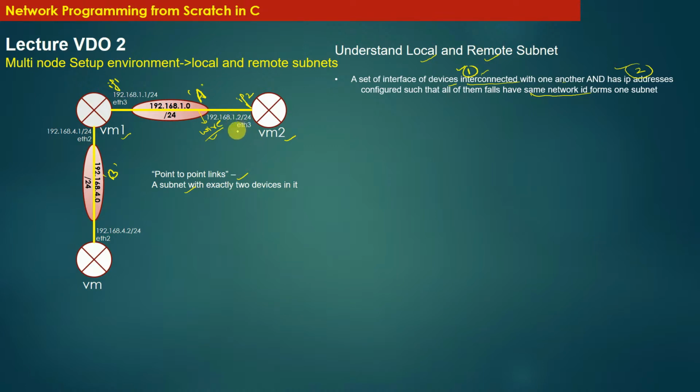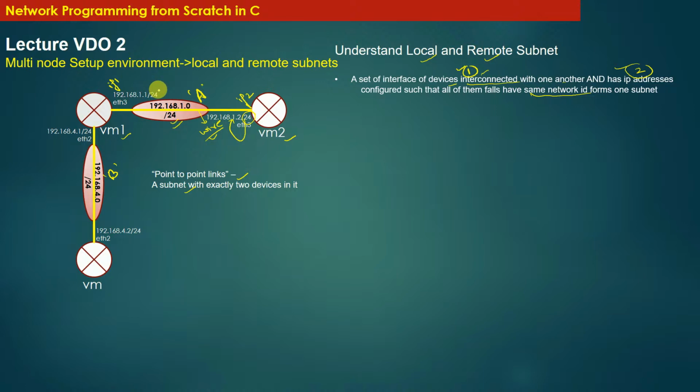The second condition is that the interfaces should be assigned IP addresses such that both fall in the same network ID. As I have already explained, if you apply the subnet mask value 24 on an IP address of the interface, you will get the network ID 192.168.1.0/24.